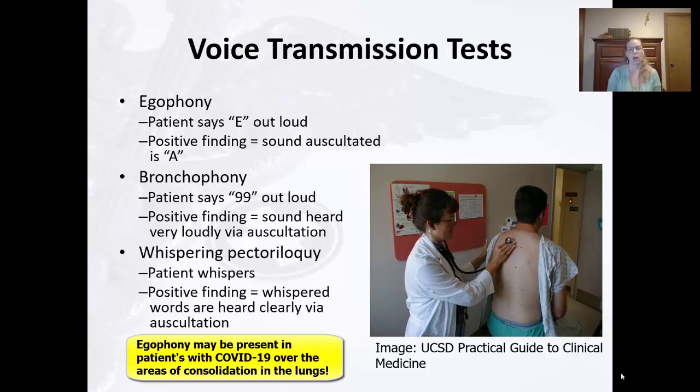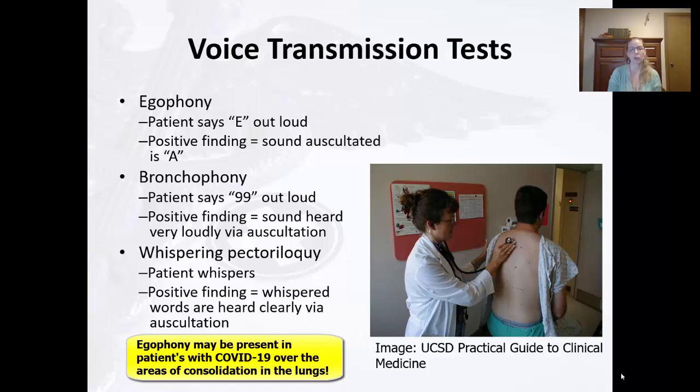And so using your stethoscope, you place the stethoscope on the patient and you ask them to say E, and through the ears of your stethoscope, if you were over an area of consolidation, you would hear A in the stethoscope instead of E. That's called egophony.